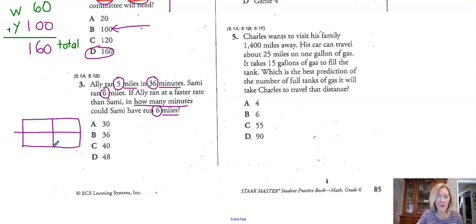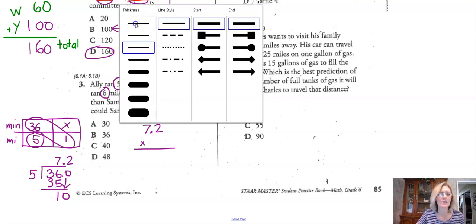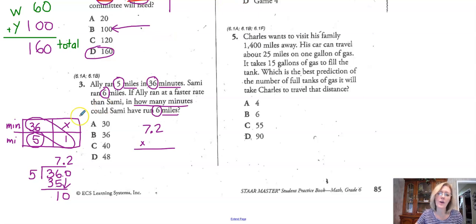Pause the video, see if you can get that set up, and see if you can figure out how this is solved. All right, this was a very tricky one, so if you had a problem with it, don't feel bad. It was a very tricky problem.